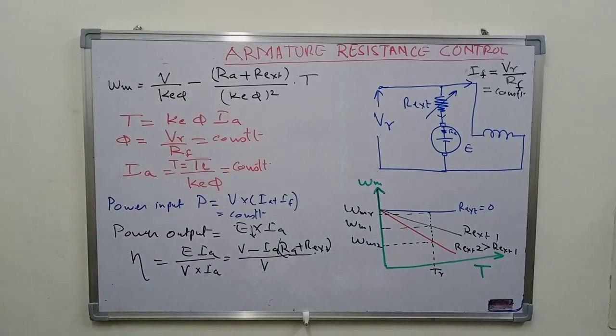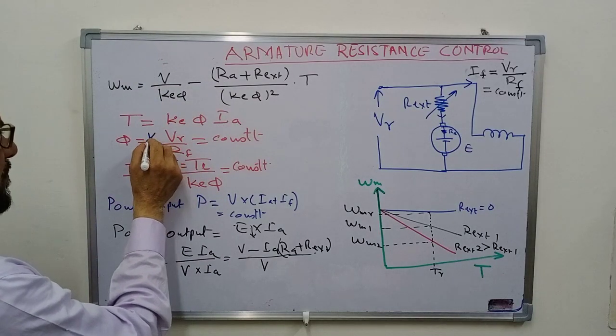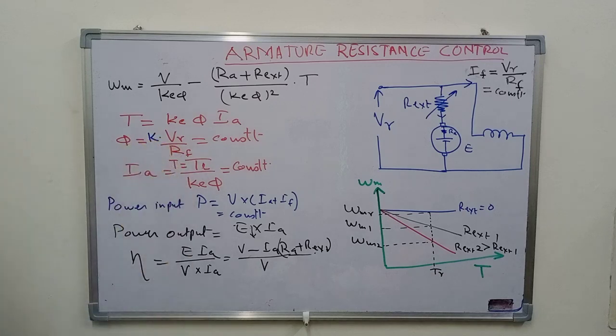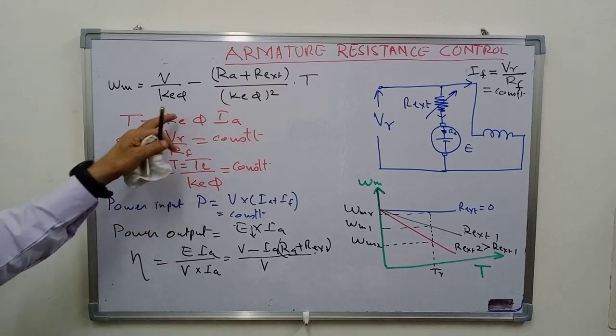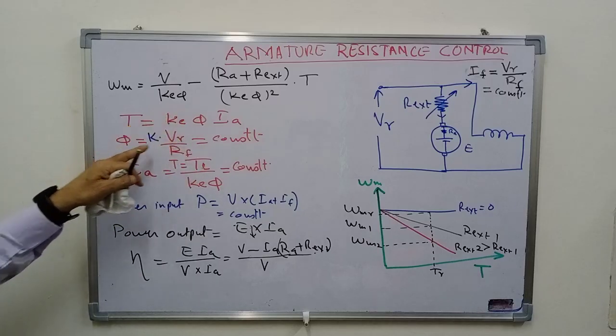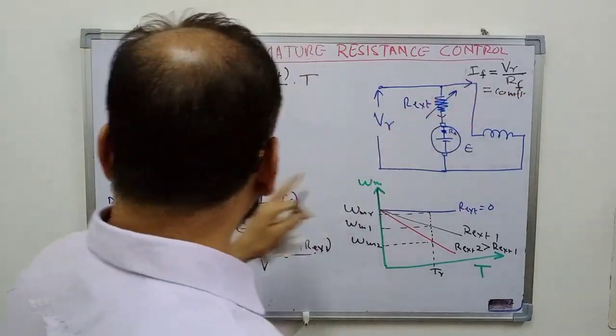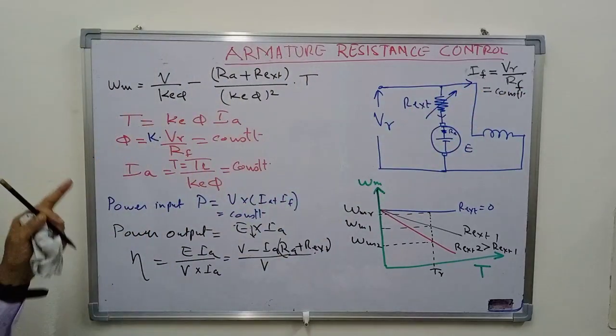So you can say that phi is proportional to, let me give some name, constant K into VR upon IF. VR upon IF is the current drawn by the field winding. So the flux depends on the current in the field winding. So if it is constant, the flux will also be constant.